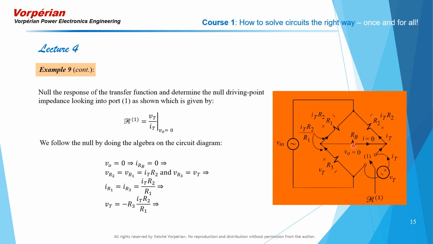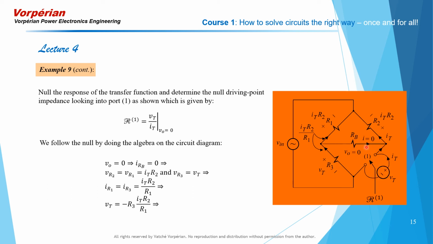Now, since the voltage across RB is 0, ItR2 gets copied across R1. And it will start a current through R1, which is ItR2 divided by R1. Once again, that current will flow entirely through R3 because there is no current flowing in the bridge. So it will create a voltage drop across R3, which is that current multiplied by R3. But the voltage across R3 is also the same as Vt.